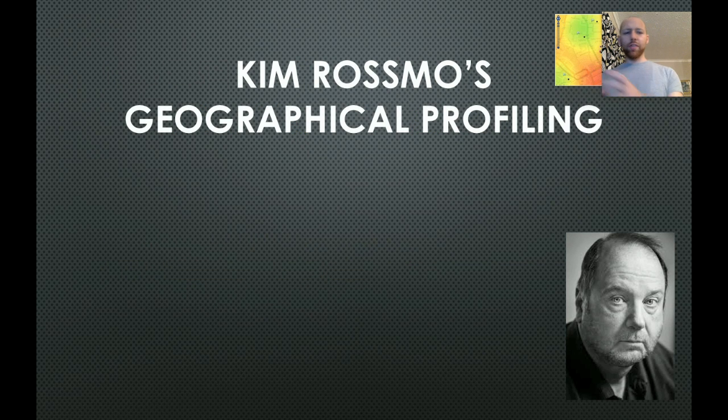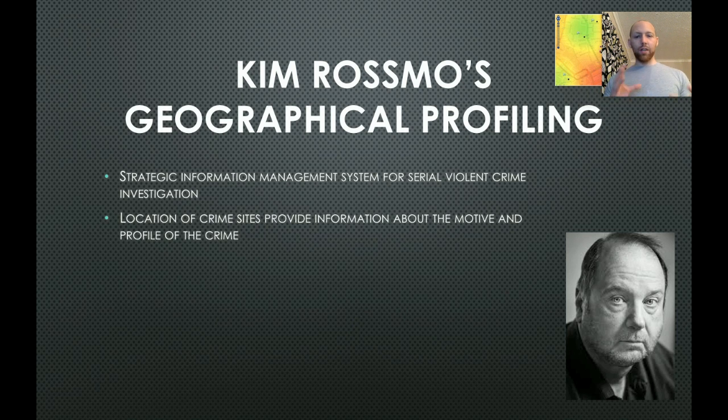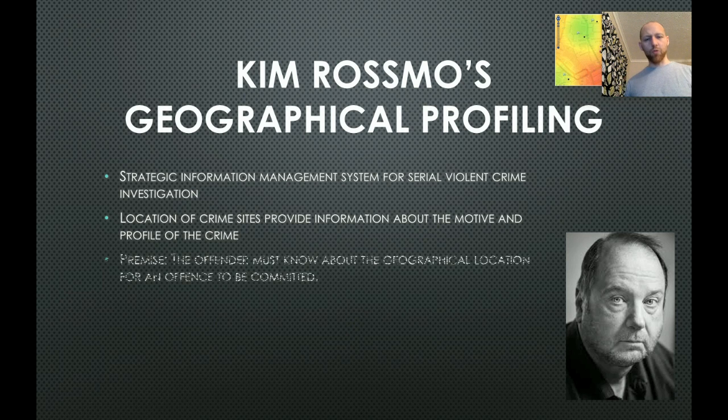So that's investigative profiling. Now we've got Kim Rossmo's geographical profiling, which is also a popular form of bottom-up profiling. This approach uses a computer system for serial violent crime investigation. Essentially what happens is you input the data of the crime regarding the location, the geography, and it will track a variety of different variables.